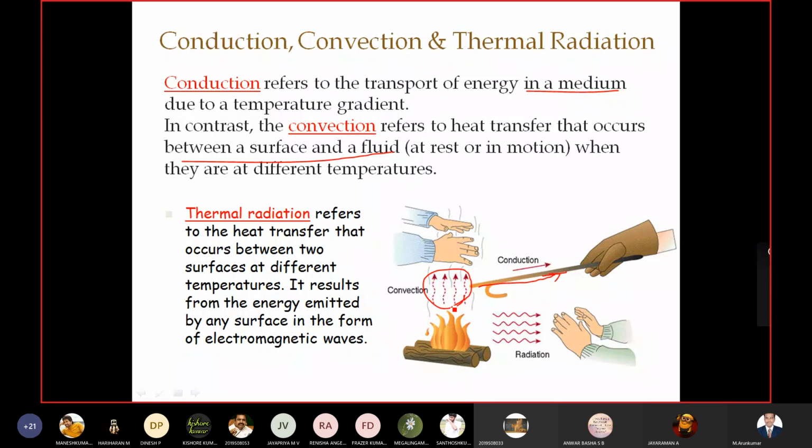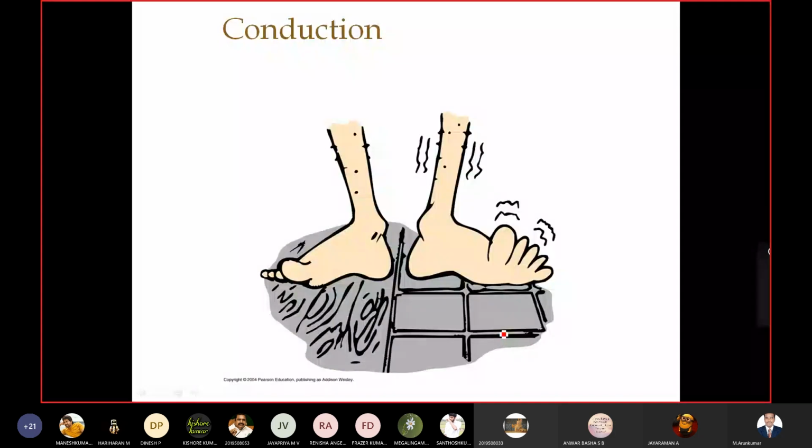Then through the electromagnetic waves, the heat is transferred to the hand, and that is called radiation. Conduction happens in solids, so we may feel the conduction of heat in the rods to the body of your legs.